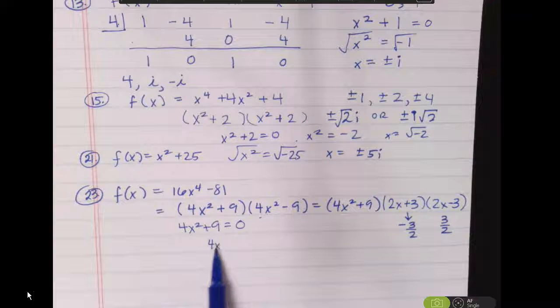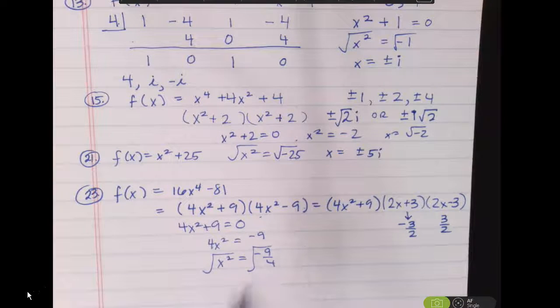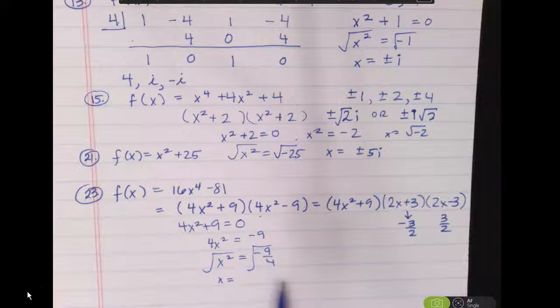So 4x squared equals negative 9, x squared equals negative 9/4. Square root, and we get x equals, that's a perfect square, so that's going to be plus or minus 3/2, and then with the negative in there, that's i. So here's 1, 2, 3, 4 roots.